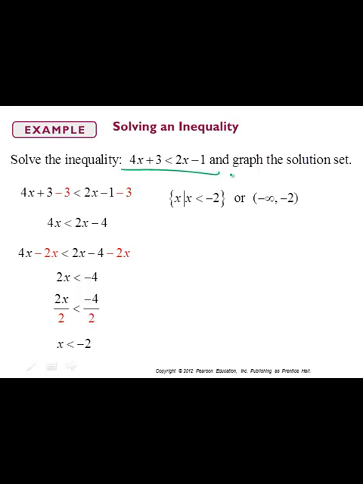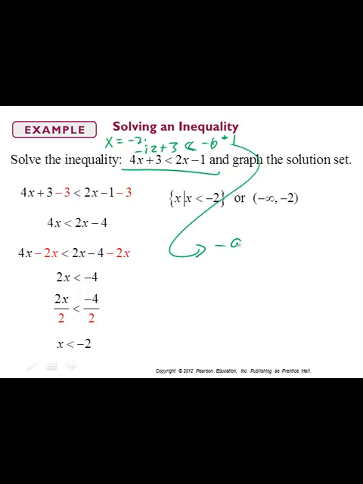So any number less than negative 2 will satisfy this inequality. And indeed, if you were to plug in, say, for example, x is equal to negative 3, well, that is a number that's less than negative 2. You'll plug that in for x, you'd have 4 times negative 3 is negative 12, plus 3, that's negative 9, less than, and then 2 times negative 3 is negative 6, minus 1. And so what do you have?